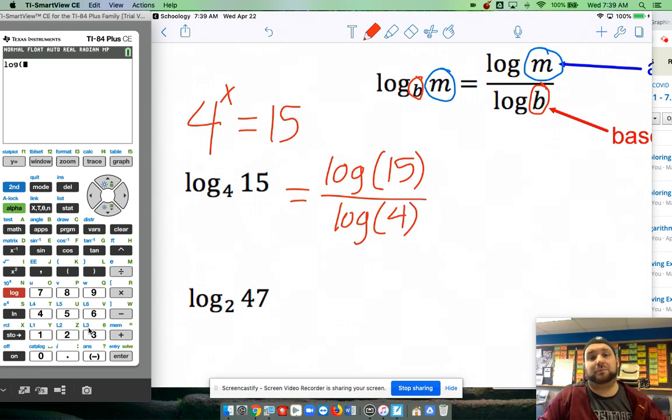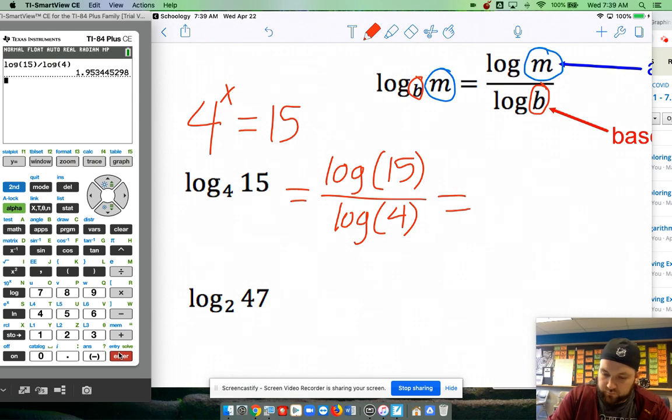Now you notice I put these in parentheses. It's not written in parentheses in the formula, and maybe I should have written it that way. But you have to make sure you close up the parentheses, especially after this first log. So log 15 divided by log of 4 gives me 1.953.